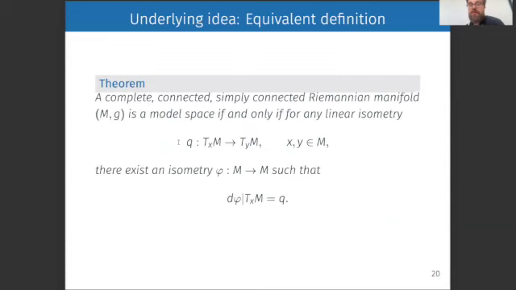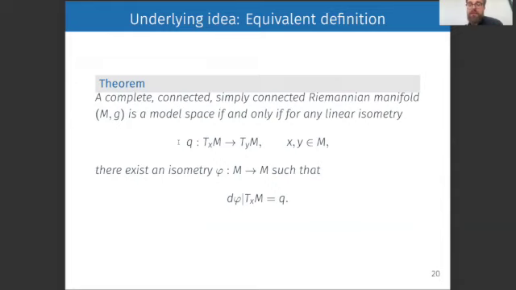But what we do know is we have an alternative way of looking at what a model space is. The sphere, the hyperbolic space, and Rn are the unique spaces that satisfy that they look the same anywhere you are and in any direction you look.